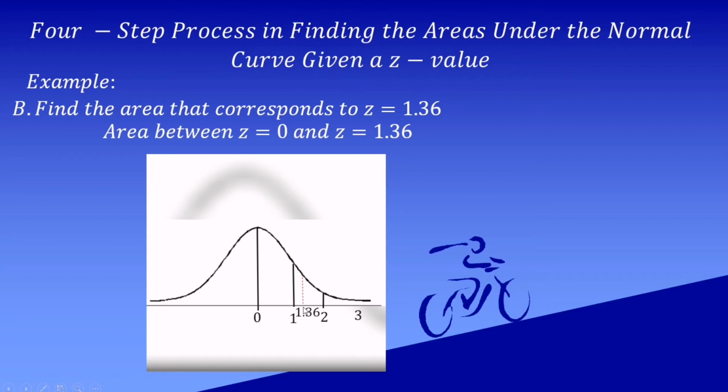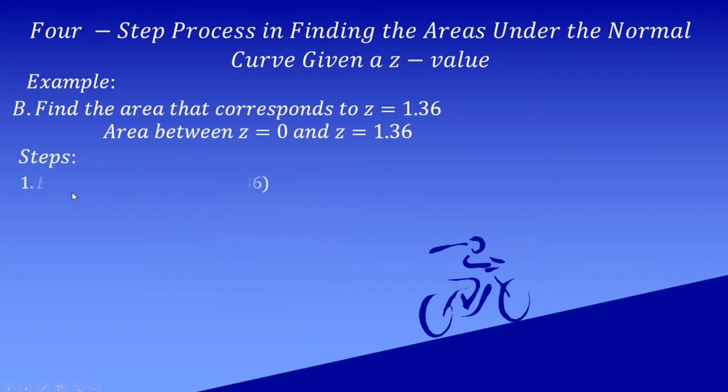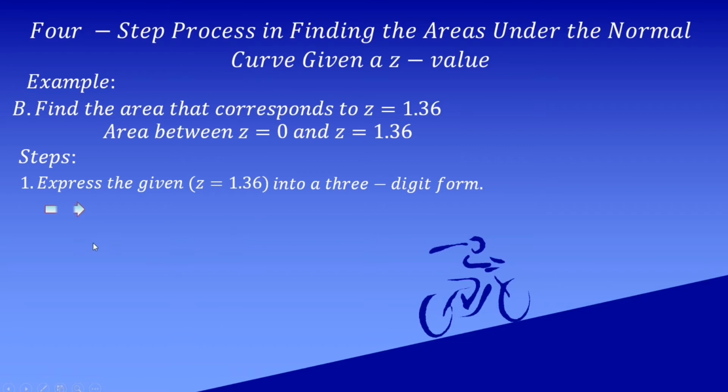So we are looking for the area between 0 and 1.36, and this could be our shaded region. Step 1, express the given z equal to 1.36 in 3-digit form. This is already in 3-digit form.